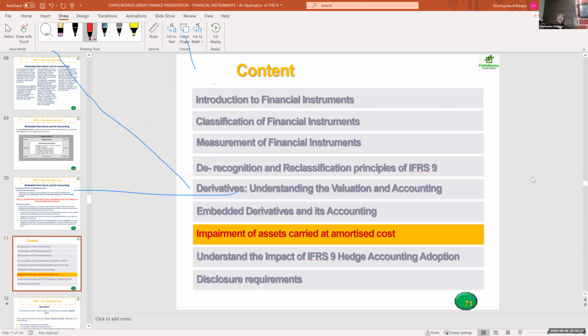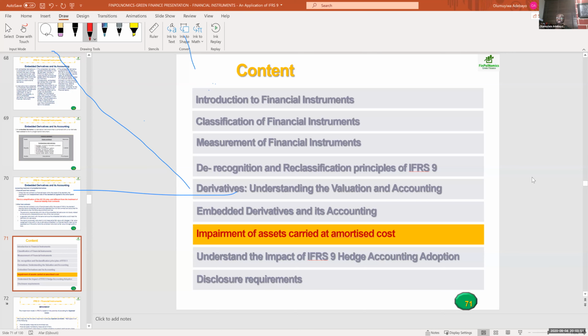Now, that principle is what we still apply under IFRS 9, but the methodology for carrying out the test is slightly different because of the nature of the assets we are subjecting to impairment test. The assets we are subjecting to impairment test under IFRS 9 are financial assets. And we all understand what financial assets are.